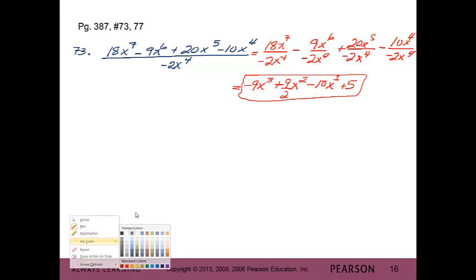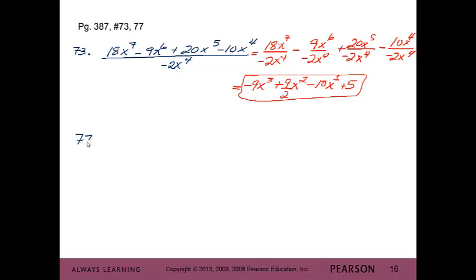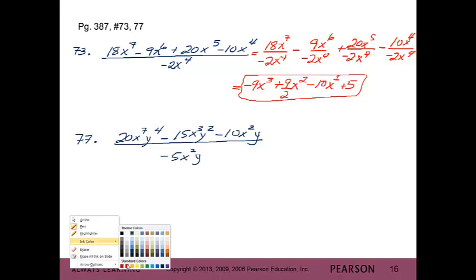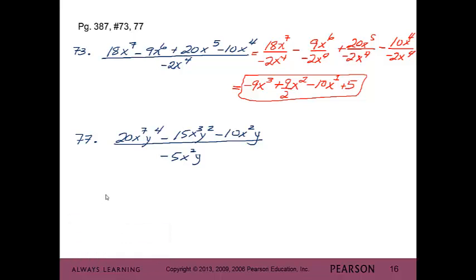And then last one, number 77. We have 20x to the 7th power, y to the 4th power, minus 15x to the 3rd power, y to the 2nd, minus 10x to the 2nd, y, all divided by negative 5x squared, y. So again, divide each term of your polynomial by your monomial.